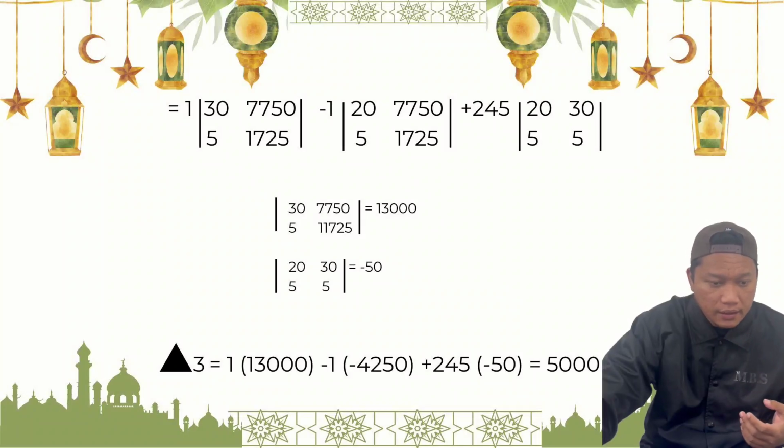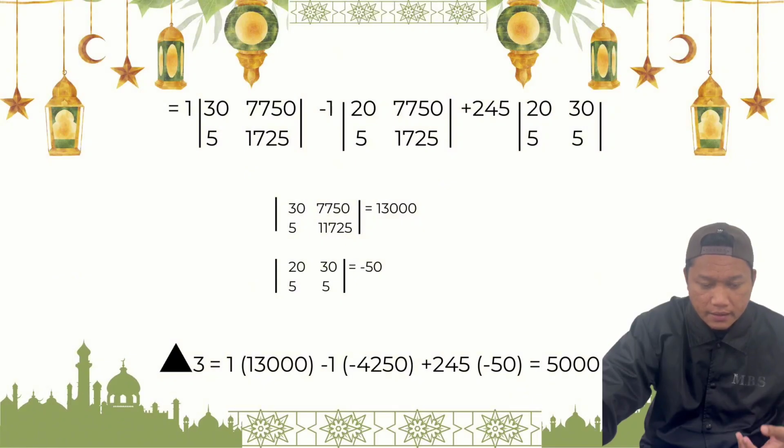That gives 51,750 minus 38,750, equal to 13,000.